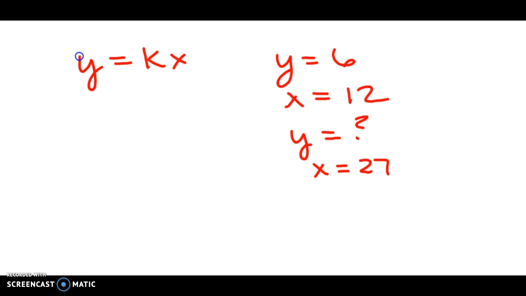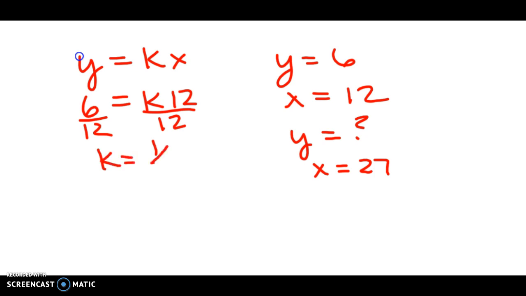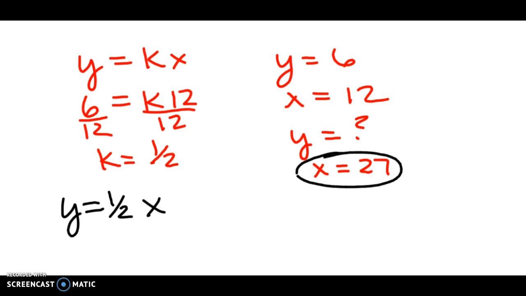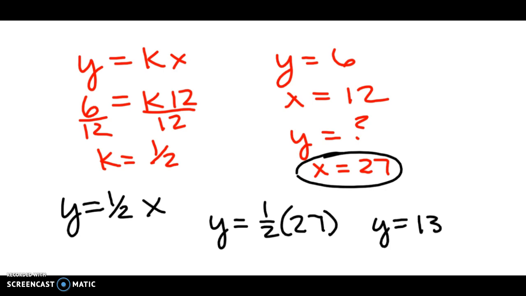So we replace these values: when y is 6 and x is 12, dividing both sides by 12, we see that k is 1/2. Writing y equals 1/2 x, we can quickly evaluate for y when x is 27. Y is equal to 1/2 of 27. Y is equal to 13.5.